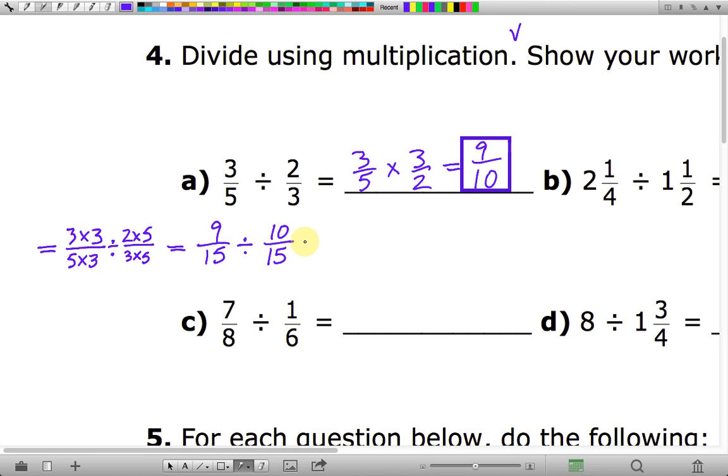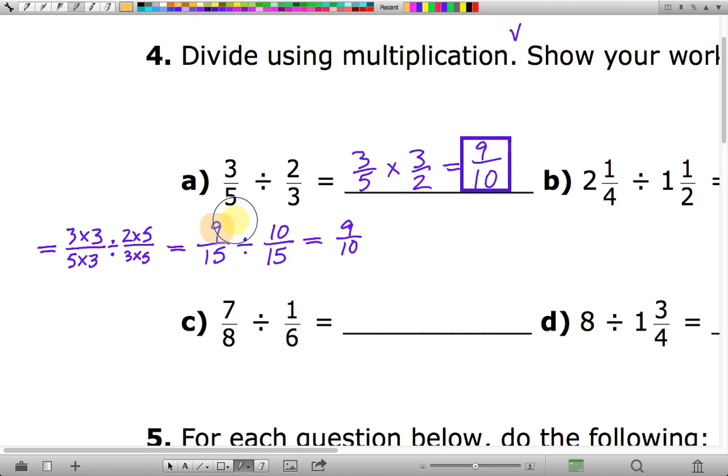So now that we have a common denominator, I can get the quotient just by doing numerator divided by numerator. 9 divided by 10 is 9/10. So just like we had been doing before, we're getting our answer here by doing the numerator. Let's choose a color that's a little bit lighter so we don't cover up our answers here.